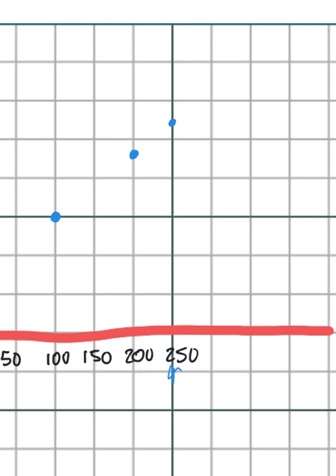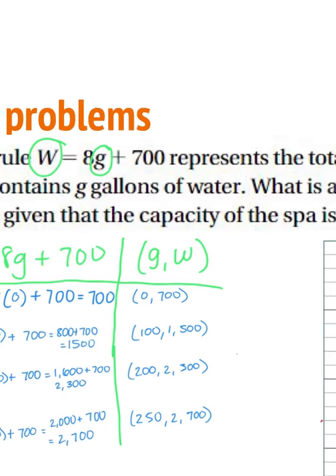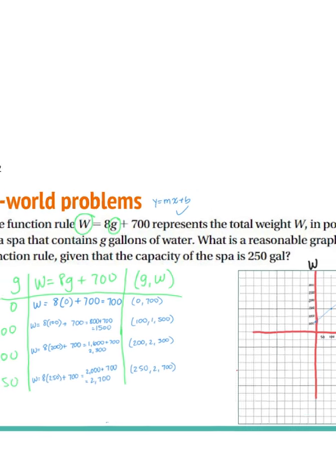And if we were to draw a line through all of these, absolutely, it's a straight line. And we knew that going into it because look, W equals 8G plus 700. Is that in the form Y equals MX plus B? Absolutely. Except our Y is now W and our X is now G. But that stuff really doesn't matter.